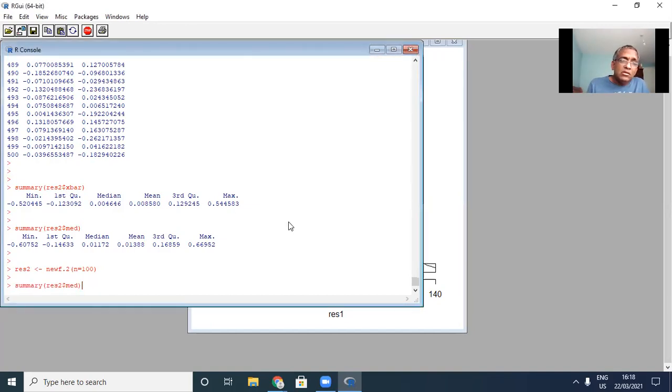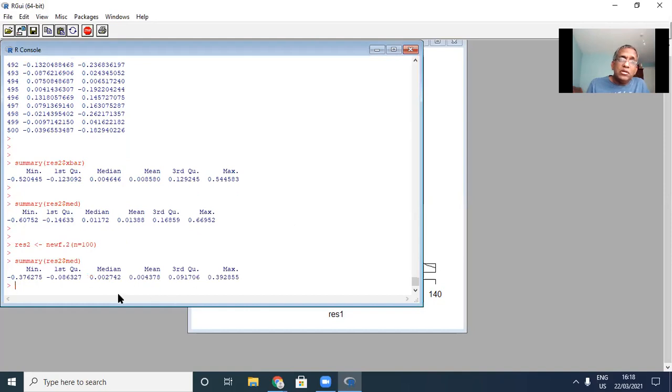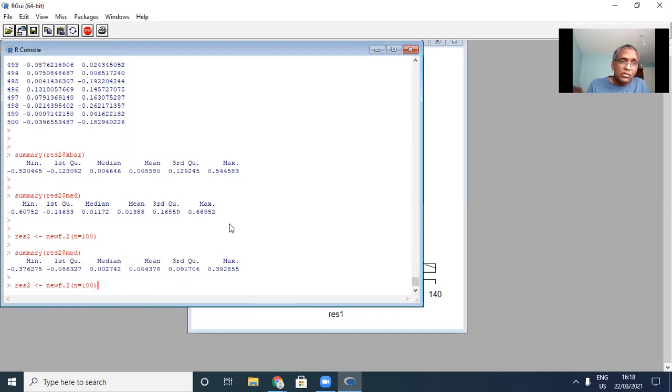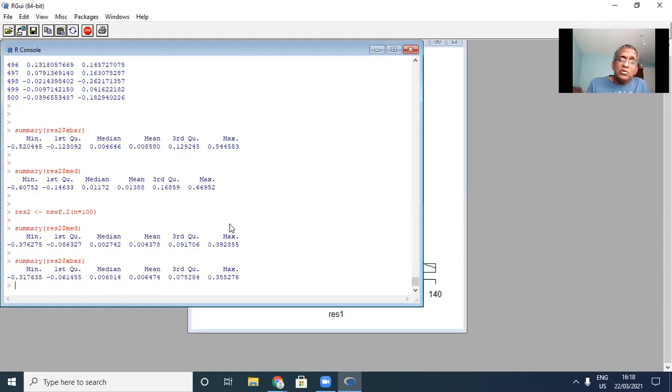These are the summary statistics of the median for the 500 samples, and this is the summary statistics of the mean for the 500 samples. Okay, guys, as you can see, the mean is pretty close to 0, and the same thing here is also close to 0.